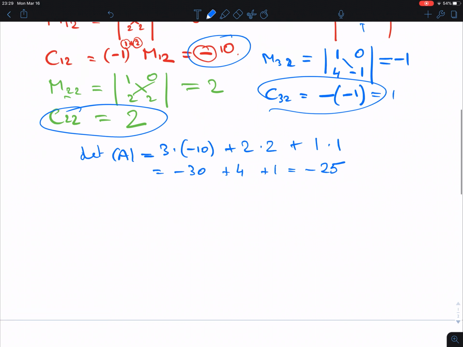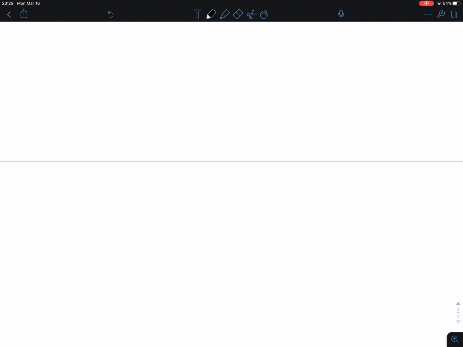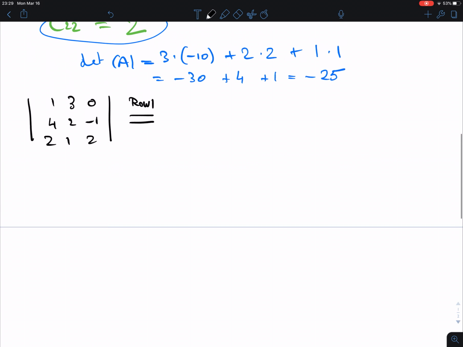All right, so here is my matrix again. Start with black again. So the determinant that I was doing is 1, 3, 0, 4, 2, minus 1, 2, 1, 2. And so now I'm going to calculate this using row 1. So what is the calculation I did here?